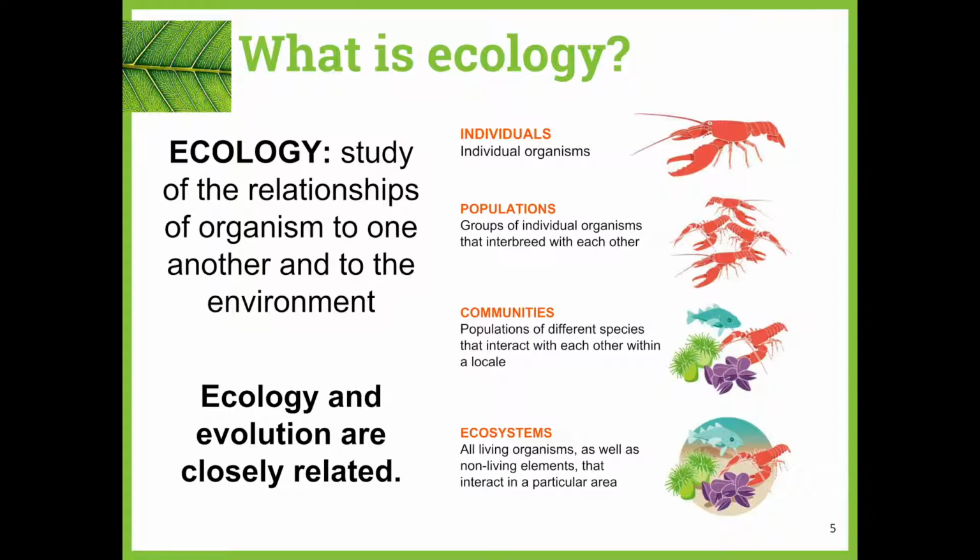So the first thing I would like to define is ecology. What is ecology? Ecology is the study of the relationships of organisms to one another and to the environment. And when we think about ecology, we should also think about evolution because ecology and evolution are very closely related. It's through natural selection that populations can adapt to the abiotic and biotic components of their environment.